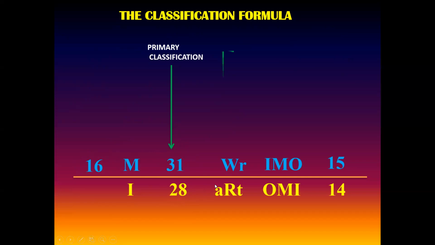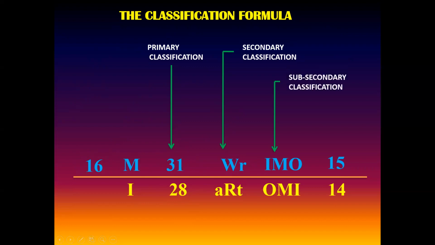And then we have there the secondary classification later. Meron tayong capital letters and then meron tayong small letters. And then we also have the subsecondary classification. For the subsecondary classification, we only focus our attention on the index fingers, middle fingers, and the ring fingers, excluding the thumb and the little fingers because they are used somewhere else.